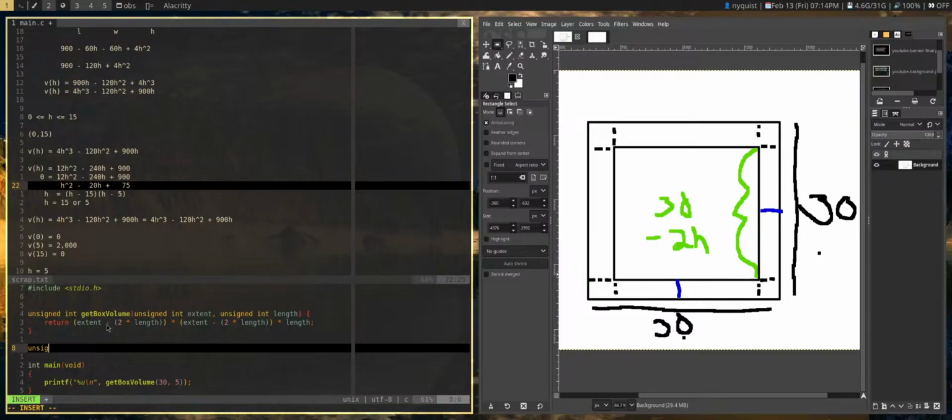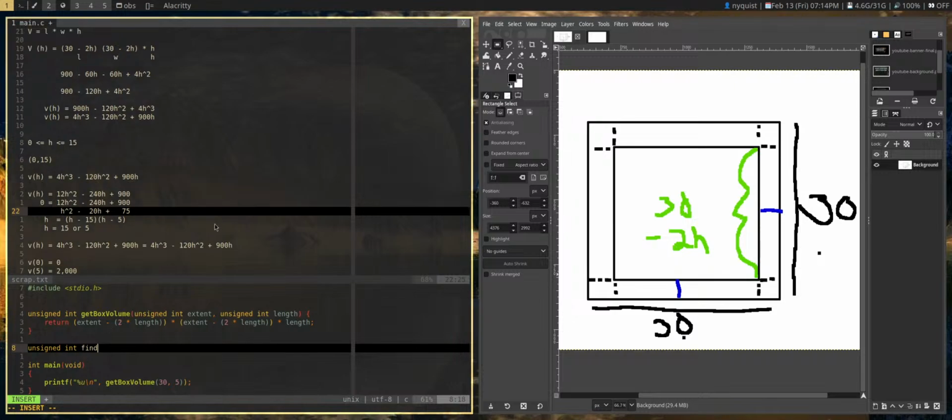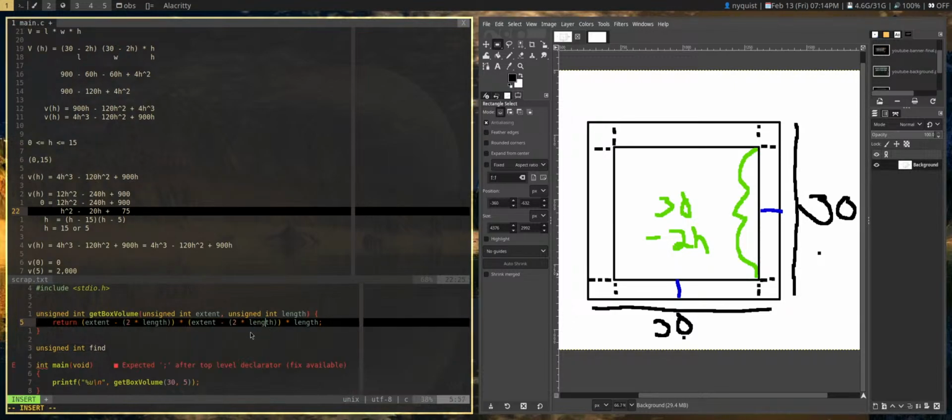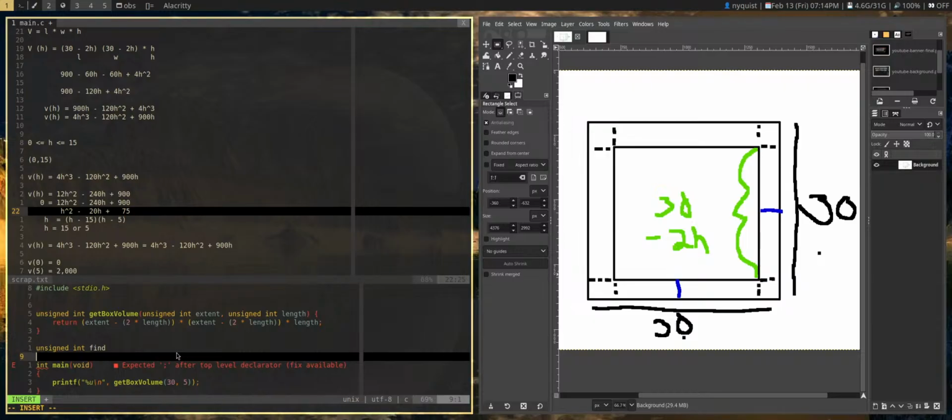Signed int. What should we call this? Find. What are we finding? We don't need to find h because we kind of already specified that here.